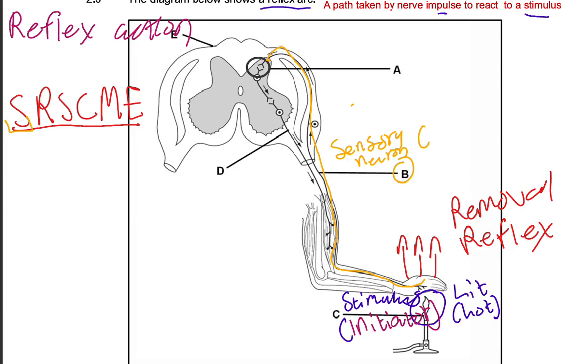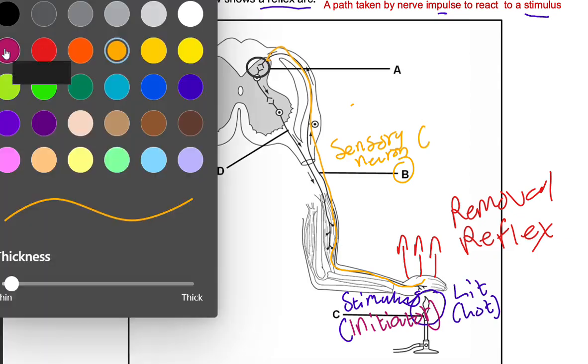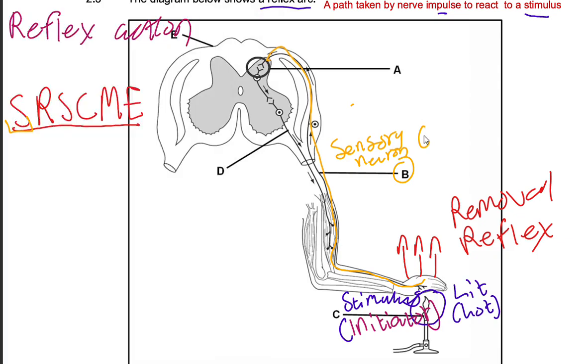And we have identified a sensory neuron as our primary transmitter. What is it actually transmitting? It is transmitting the nerve impulses from the receptor, which in this case is our skin. The skin actually detects the heat or the flame or the hotness from this particular well-lit candle.